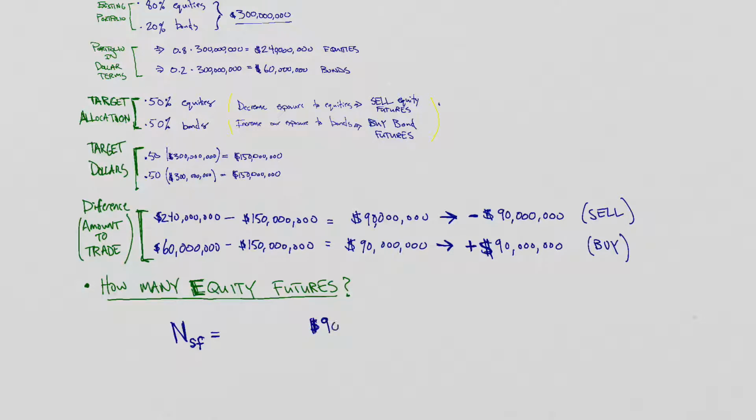In this case, we want to sell or reduce $90 million worth of equity exposure divided by the futures contract size. And when we say the futures contract size, we include the notional amount.